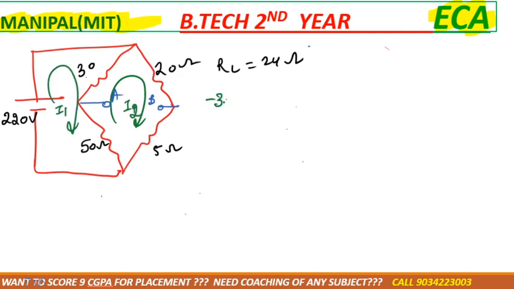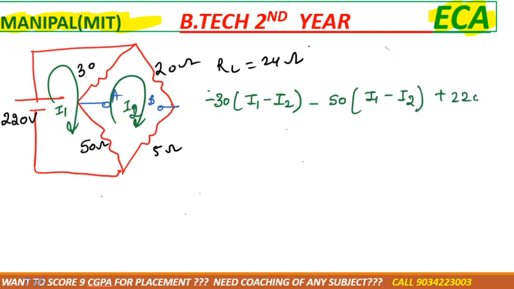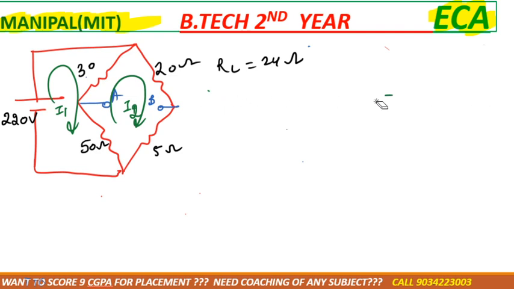So the first equation is minus 30 I1 minus I2 minus 50 I1 minus... one minute, it must be plus 220. One minute, sorry. First we need to calculate VTH now. So for VTH, what would be the value? VAB, and VAB is how much?